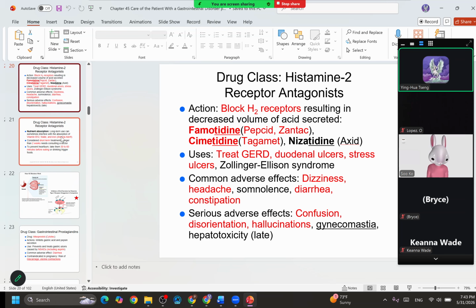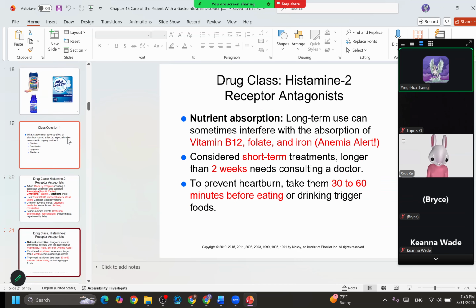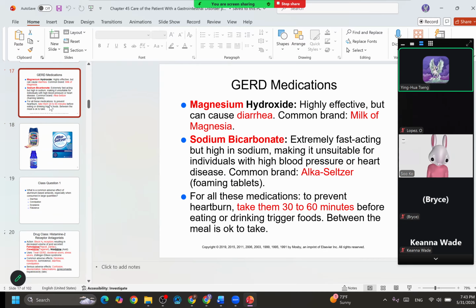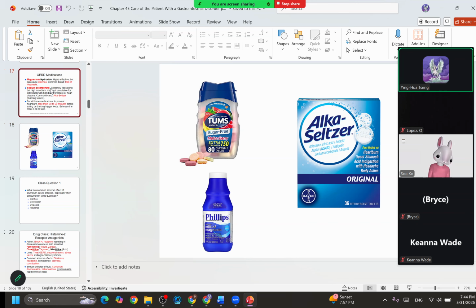So let me see where the medication is. Okay, sodium bicarbonate. How we take it is 30 to 60 minutes before eating and drinking. I didn't put the side effect here.